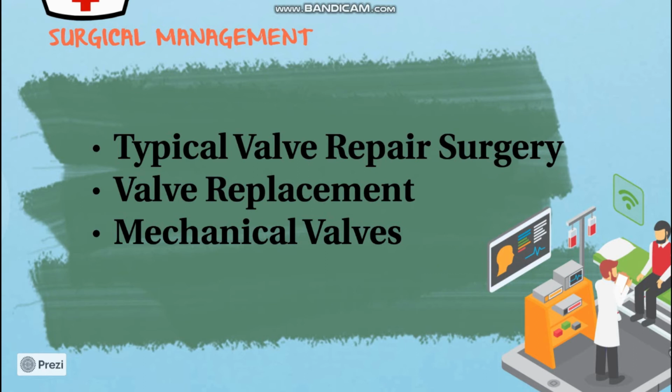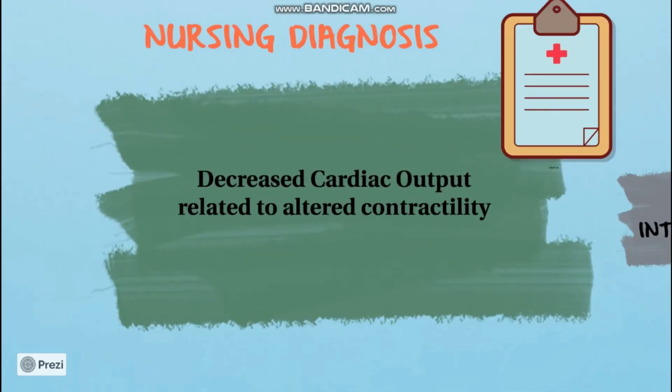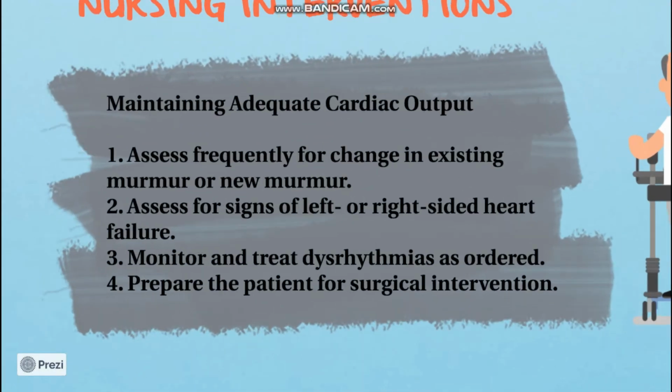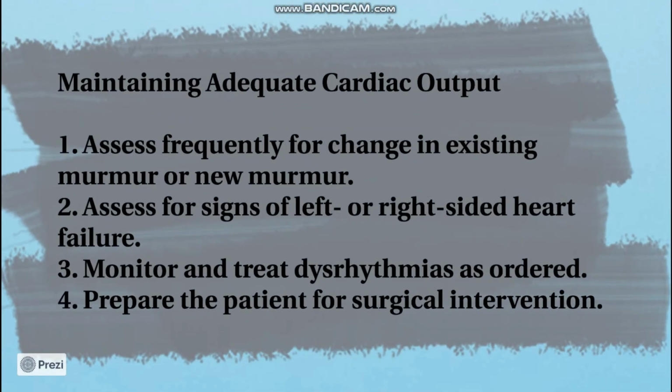The nursing diagnosis for mitral valve regurgitation is decreased cardiac output related to altered contractility. The nursing interventions are the following. First, assess frequently for change in existing murmur or new murmur. Assess for signs of left or right-sided heart failure.